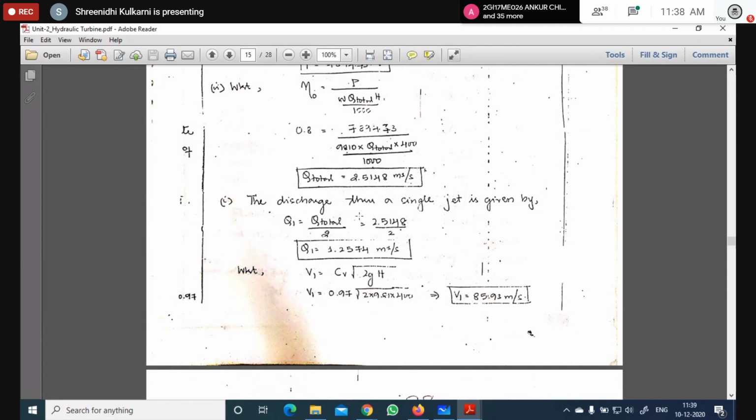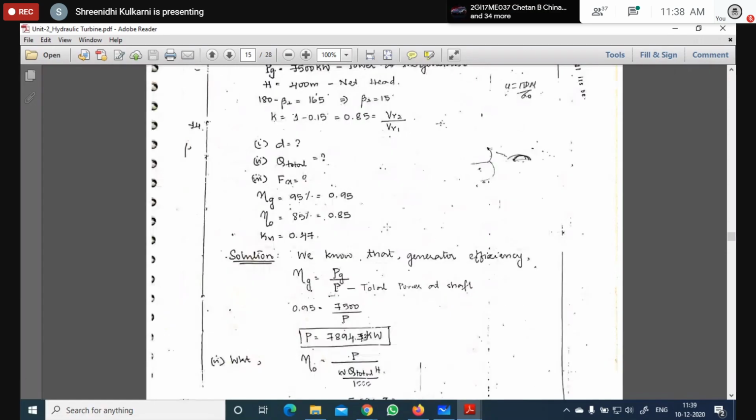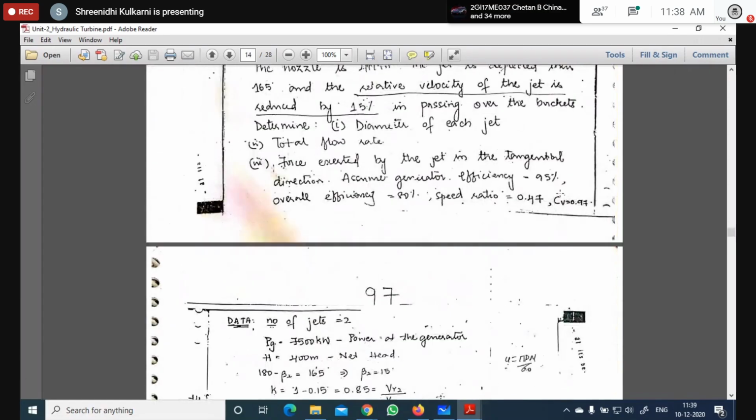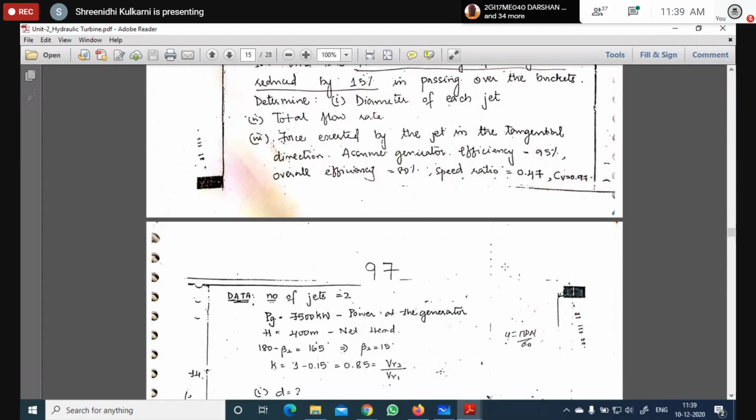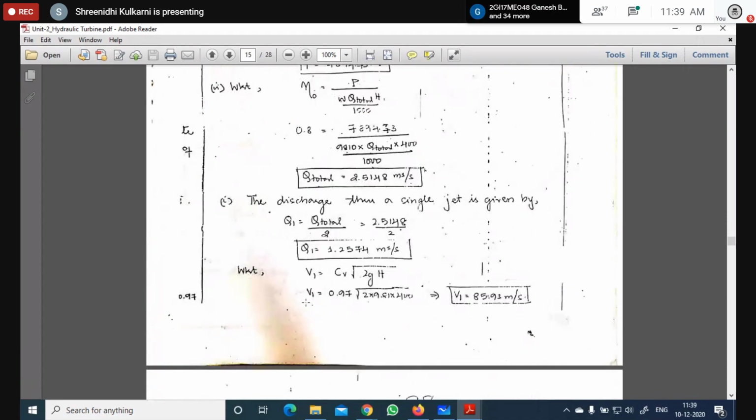Next we want the absolute velocity. In this statement they have not given the absolute velocity, but instead they have given Cv, the coefficient of velocity. So by using this formula we can find the absolute velocity V1.